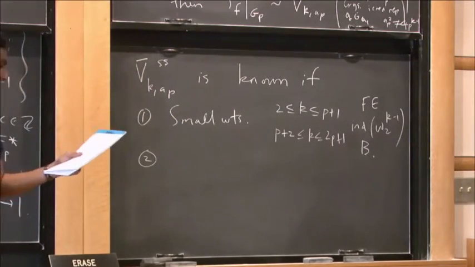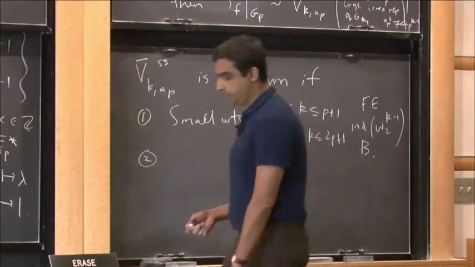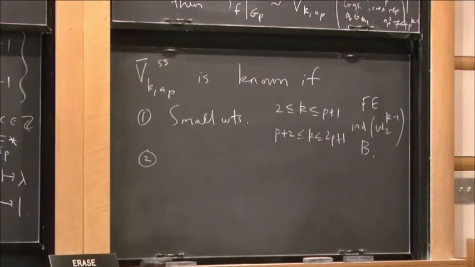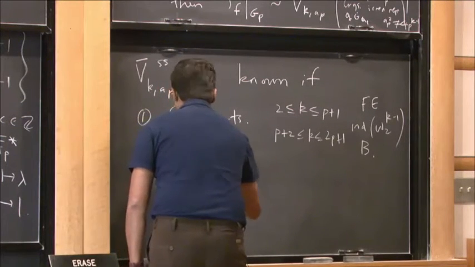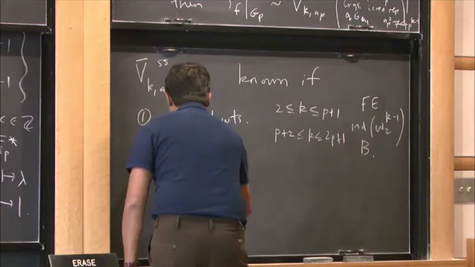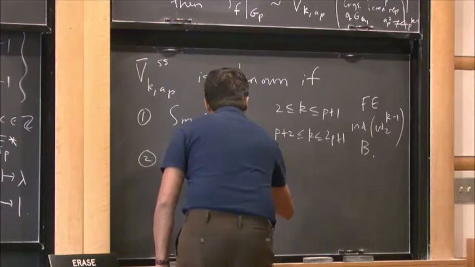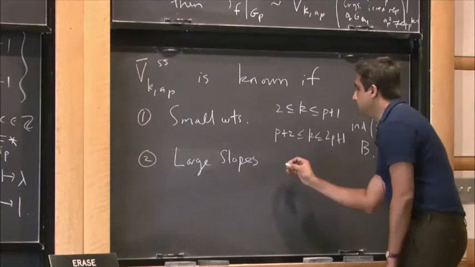Another way to tackle this problem is, here the weights are bounded, but you could also try and bound the slopes. So the slope is large. It's also known what the reduction is.